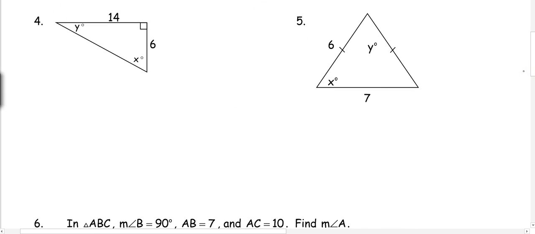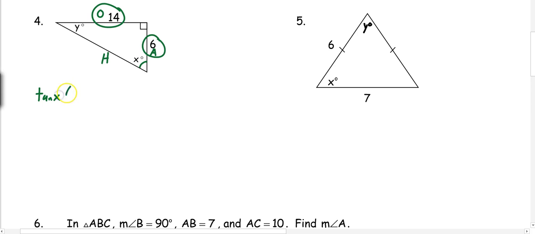Now, number 4 has 2 variables, so we're still just going to solve for one and then use our property of triangles. So I'm going to solve for x, and I'm going to label my triangle based on the x. I have my opposite, my adjacent, and my hypotenuse sides. Based on having numbers on the opposite and adjacent, we're going to use tan.